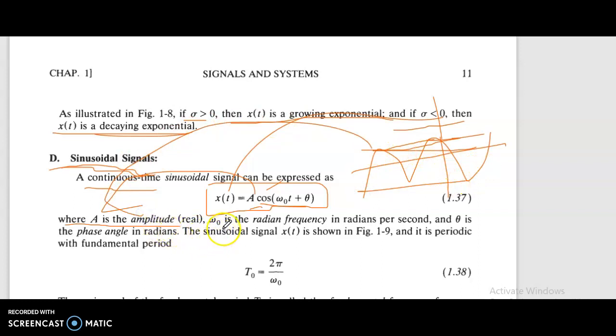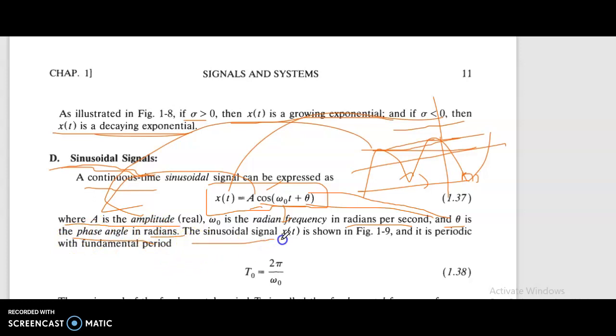Omega naught is the radian frequency, in radians per second, and theta is the phase angle in radians.